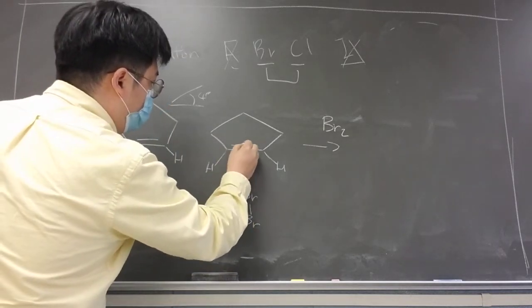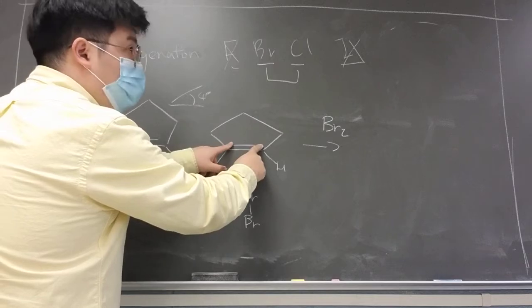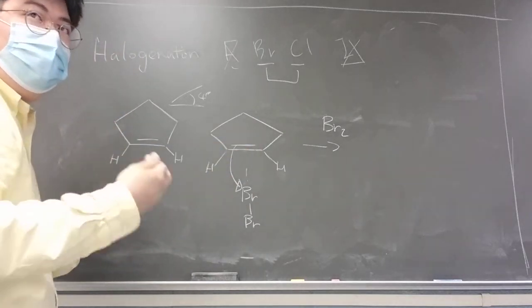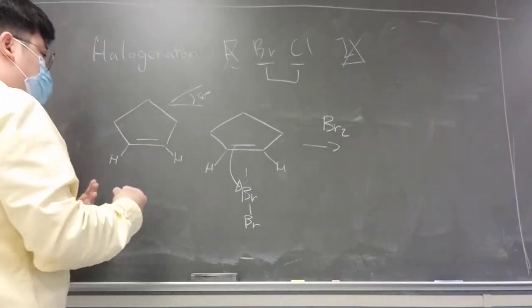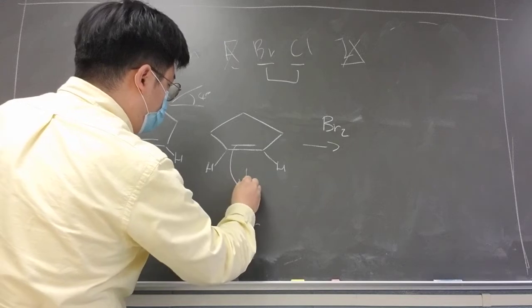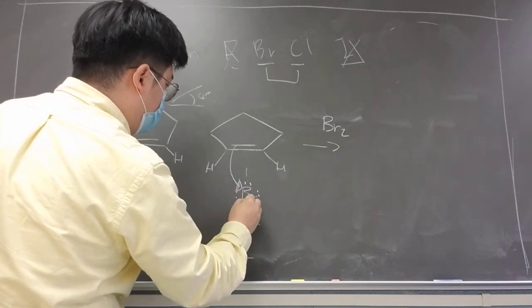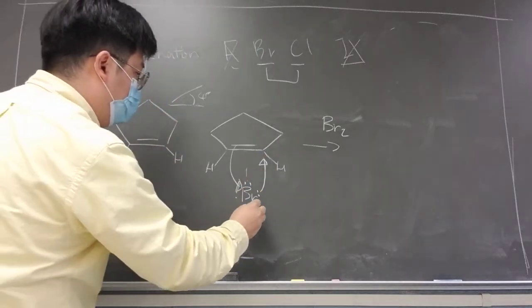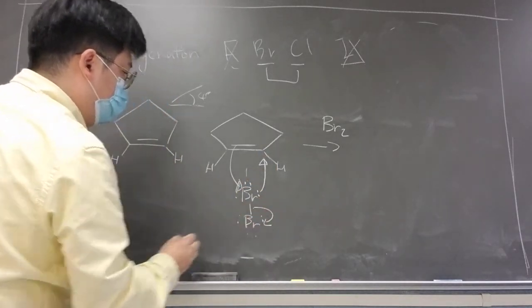And then, as you know, the electrons in the double bond can attack here, a kind of nucleophilic attack, and this one also can attack here.